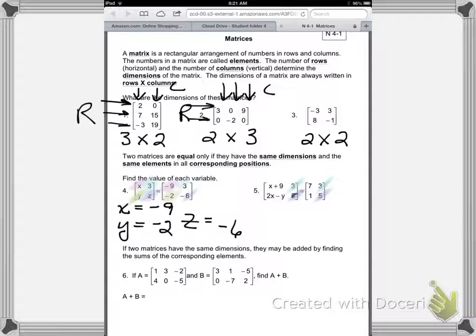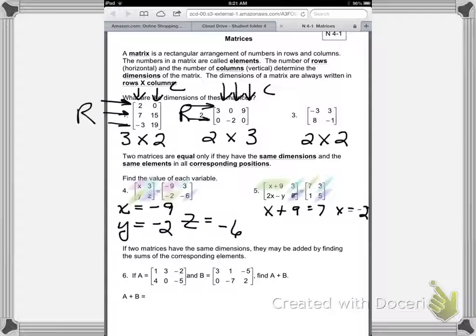I have x plus 9. What does that equal? Well, remember, they're in the same spot. So if I go back, x plus 9 must equal 7. So then I can figure out what x is. If x plus 9 equals 7, then x must equal negative 2.